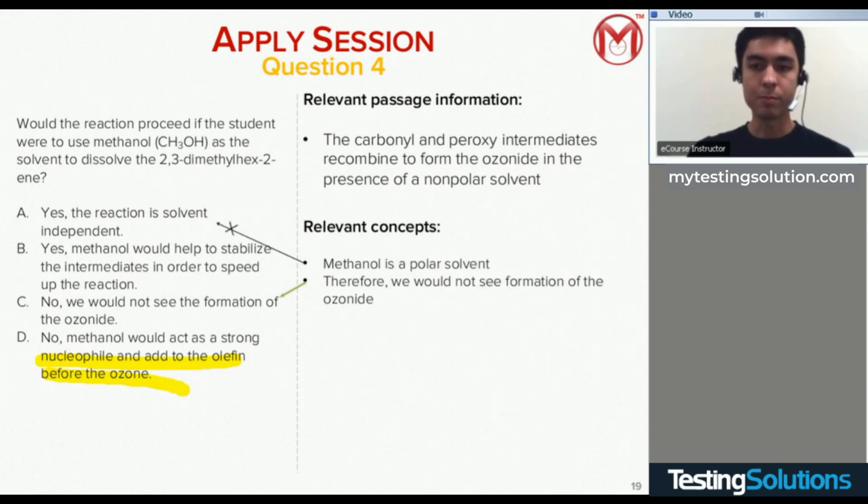And that, unfortunately, is beyond the scope of the passage, right? So we don't know that the methanol is going to react instead. So the only other way to still get no is through C. Okay, so there's a bunch of things going on here, right? Identifying key pieces of information from the passage, thinking critically about that information, combining it with the question itself, and then doing a little process of elimination here between C and D.